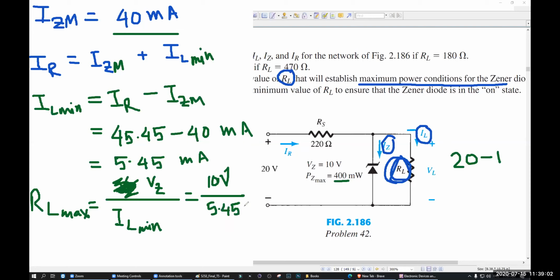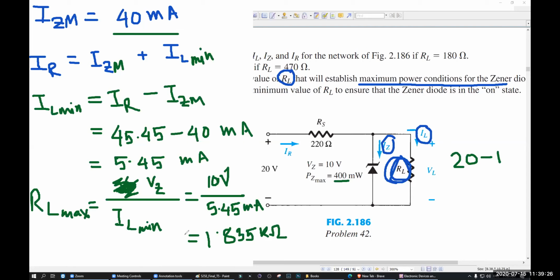So 10 divided by 5.45 milliampere is 1.835 kilo ohm.